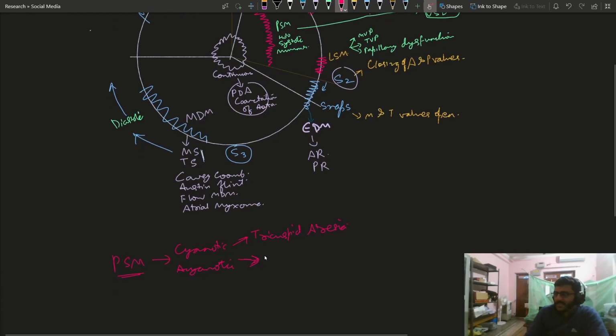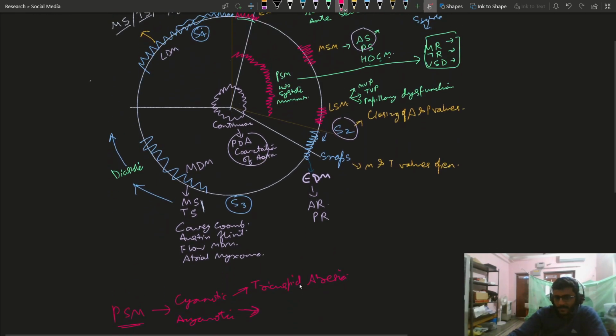So what could be the acyanotic? If we already took out tricuspid atresia, the cyanotic. Remember the 5 T's and 2 E's? I don't remember off the top of my head, but let's just try. Tricuspid atresia, truncus arteriosus, transposition of great arteries, tetralogy of Fallot, and total anomalous pulmonary venous connection.